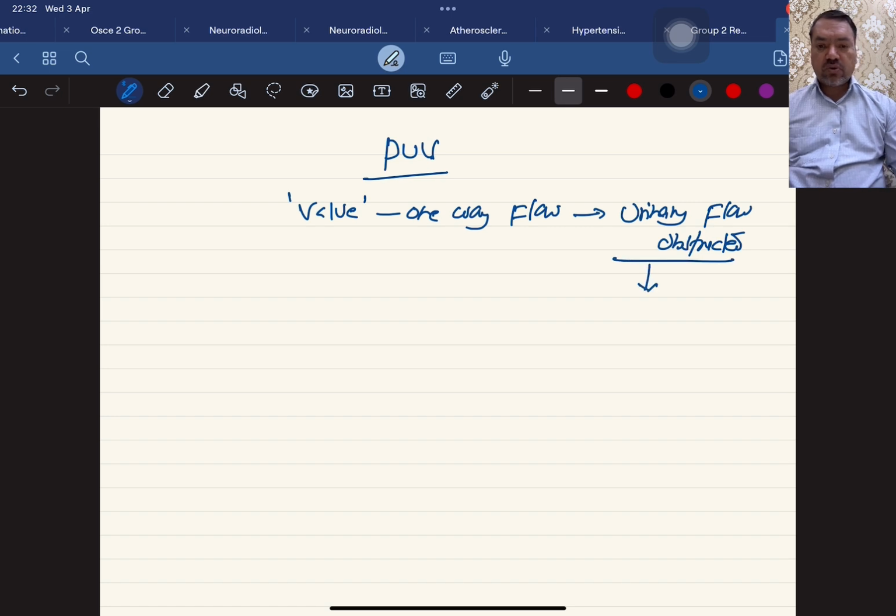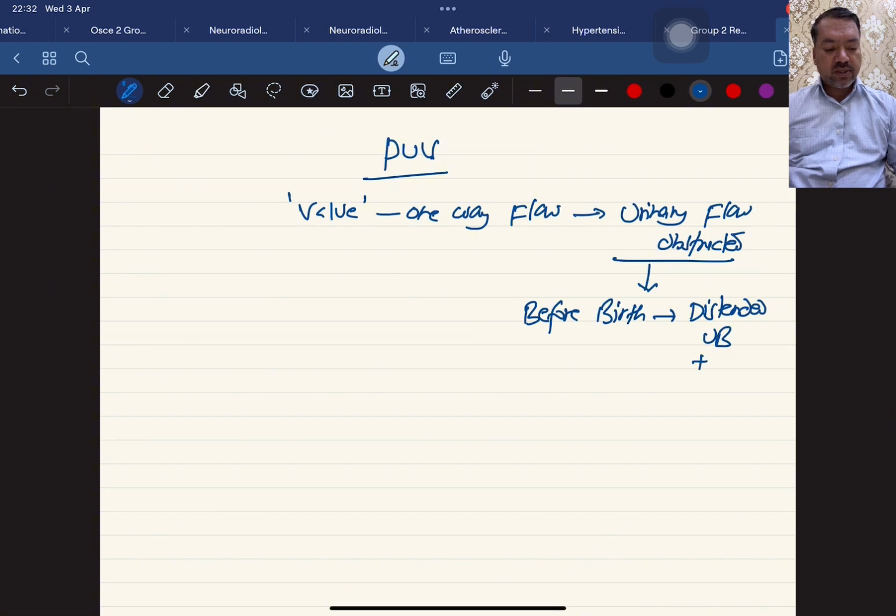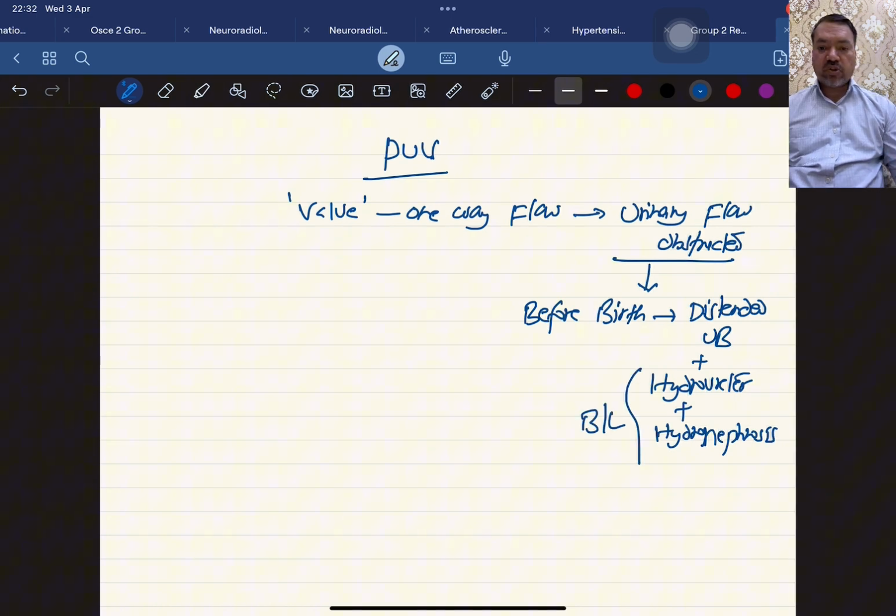Sometimes there is so much obstruction, so tight an obstruction, that even before birth we can find out, with the help of ultrasound, the distended urinary bladder as well as hydroureter and hydronephrosis, and this occurs usually bilaterally, on both sides.